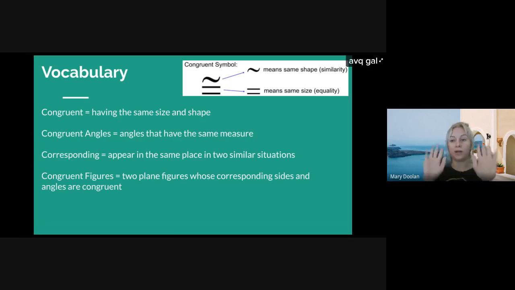So if you have two triangles and we talk about corresponding, we want to talk about the same side lengths, okay, or the same angles, okay, in the same two places, but on the different shapes. That's corresponding. And then congruent figures are when you have two plane figures, plane as in the two-dimensional coordinate plane, two plane figures, whose corresponding sides and angles are congruent, have the same shape and size.